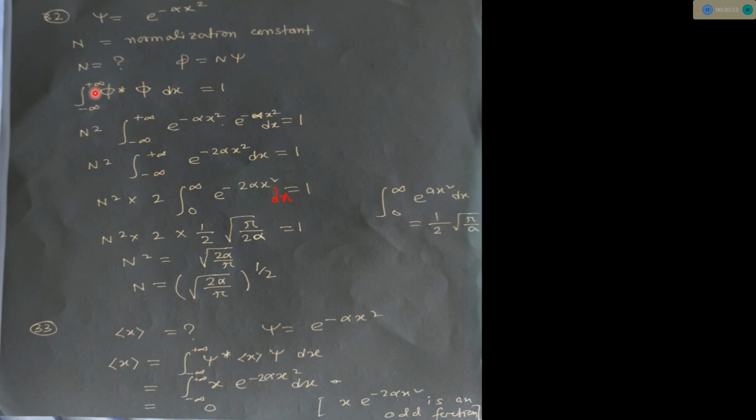The condition of normalization is that the normalized function psi star psi dx, or you can say d tau, over the whole region equals 1. This is the condition of normalization. So from this we can evaluate the normalization constant for any wave function that is given.